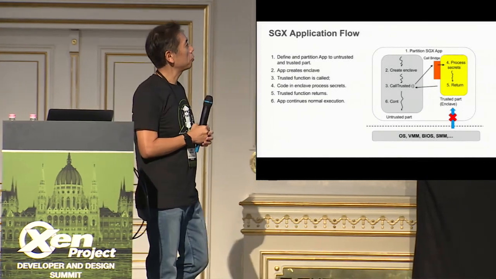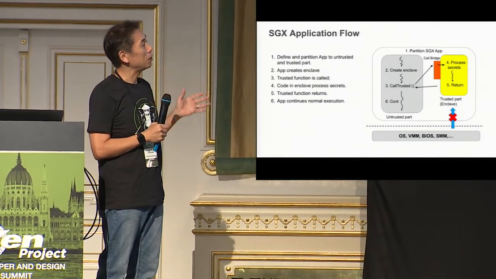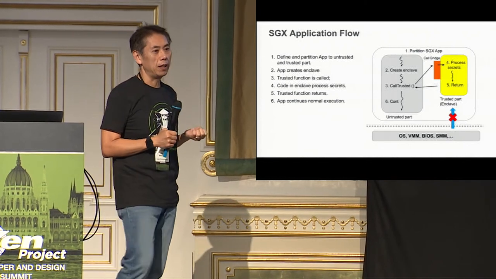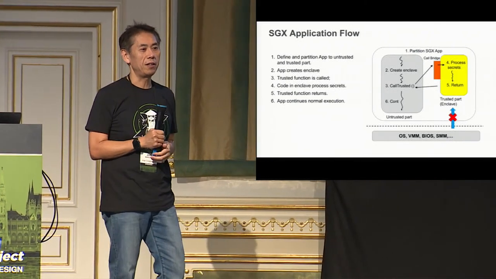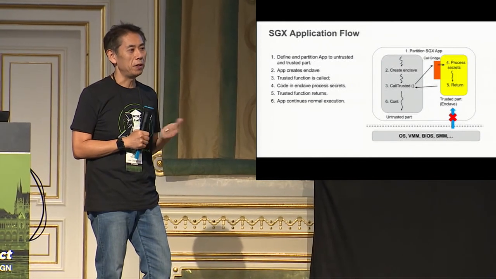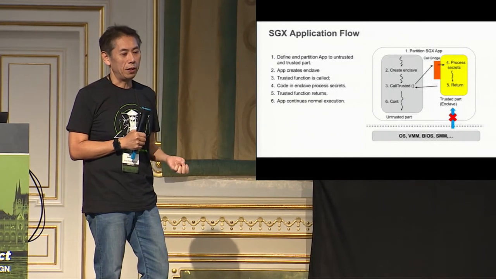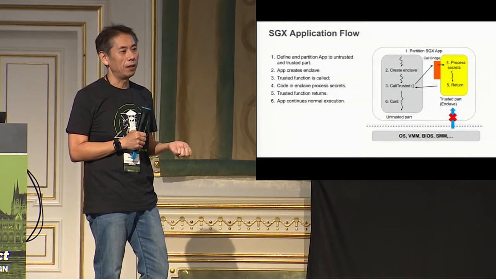One thing I should note is, in general, modifying applications is not really easy, right? It's not really sustainable, because if you need SGX, you have to look at all the applications and then modify them.